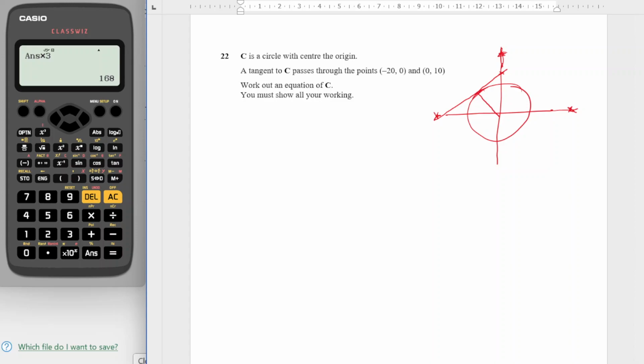Okay, so the way I'm going to do this is I'm going to start by working out the gradient of the tangent. The gradient of the tangent would be the change in y. So it's gone from 0 to 10, so it's got a change of 10. And my change in x has also gone up by 20.